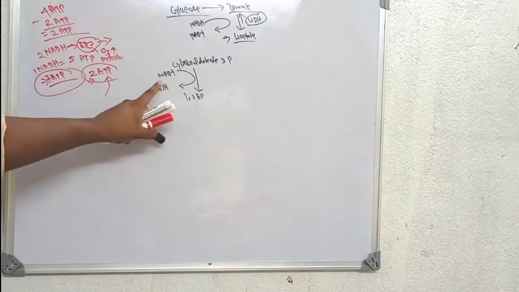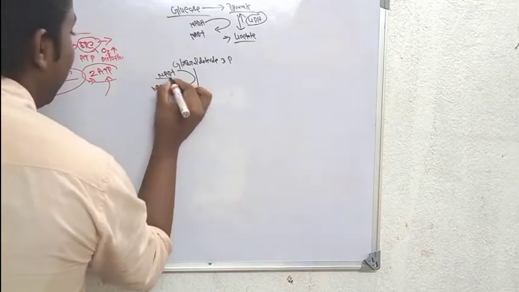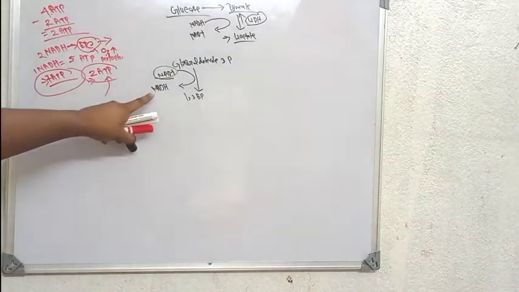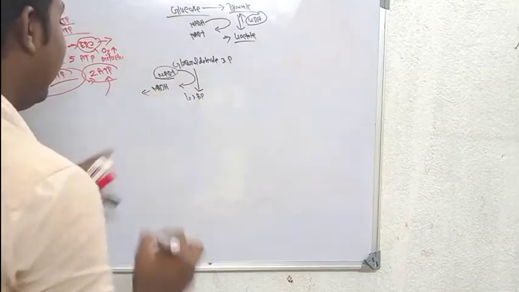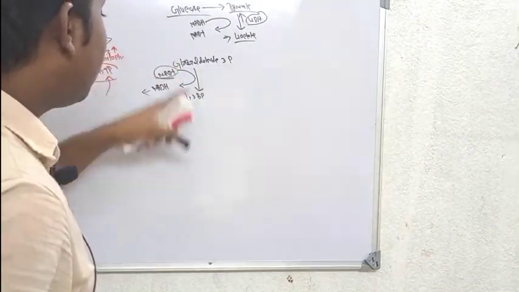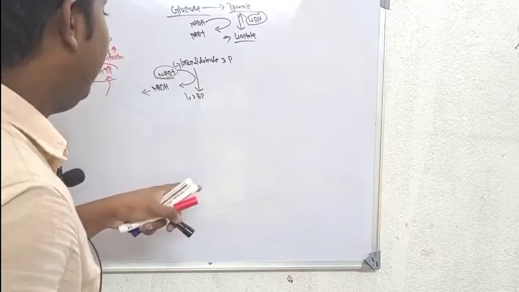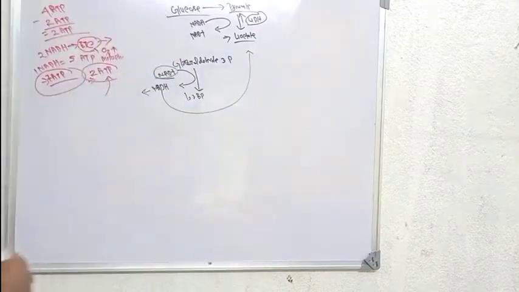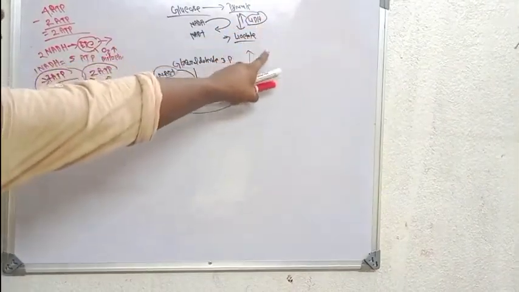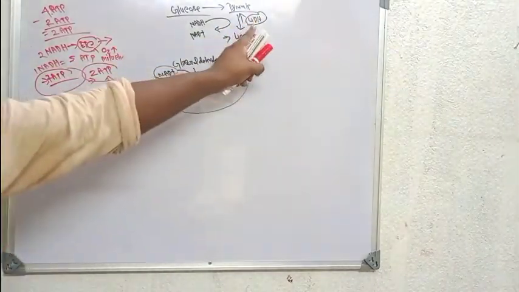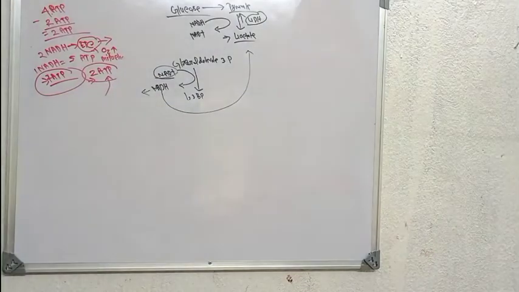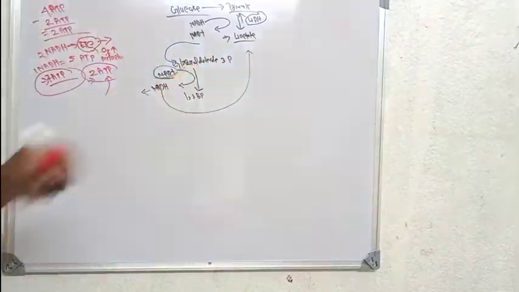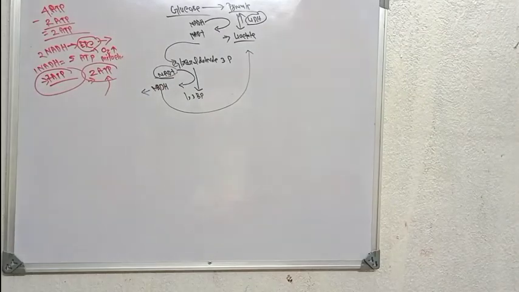Glycolysis is not continued because cells have a limited amount of NAD plus. So we need to oxidize this NADH to carry on the entire glycolytic pathway, and this NADH is oxidized by converting pyruvate to lactate with the help of the LDH enzyme, and this NAD plus re-enters the reaction and allows glycolysis to continue.